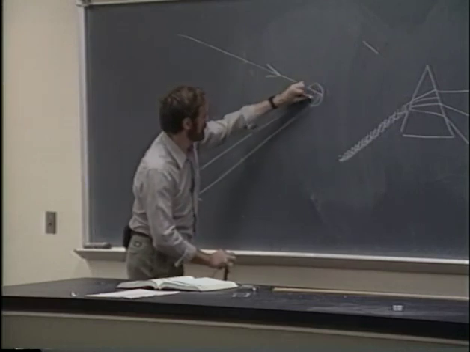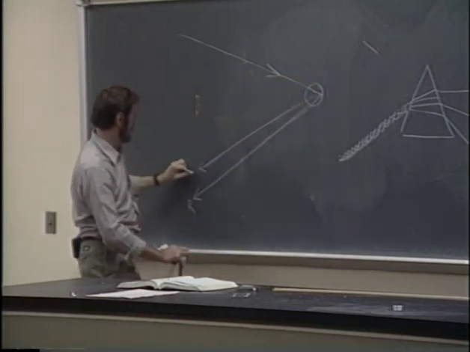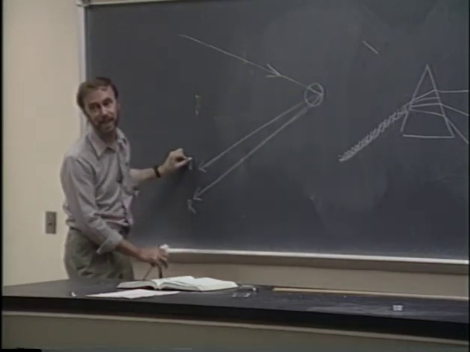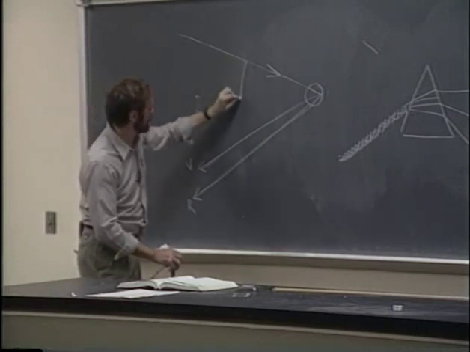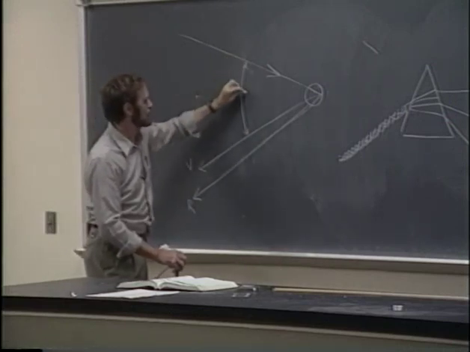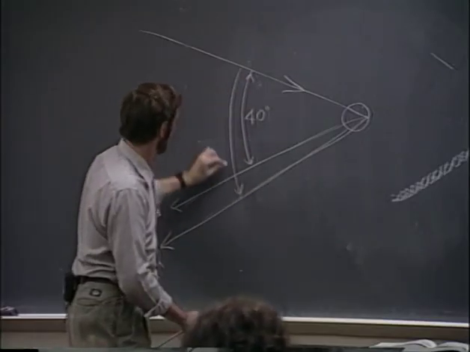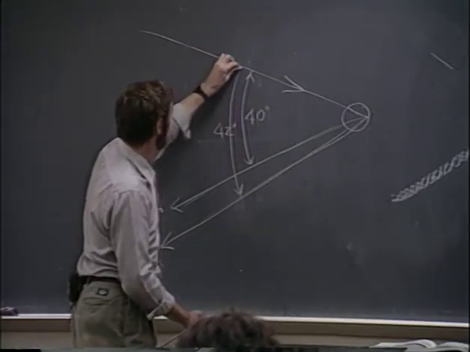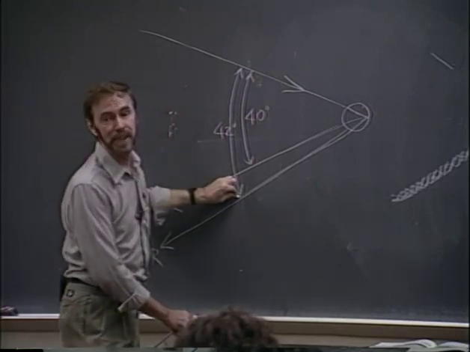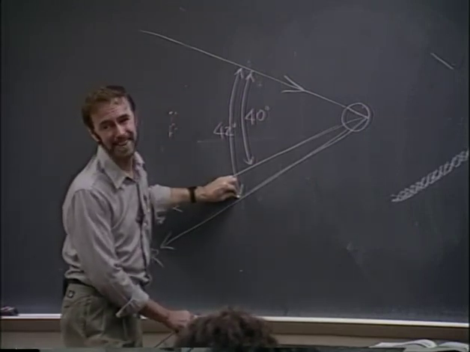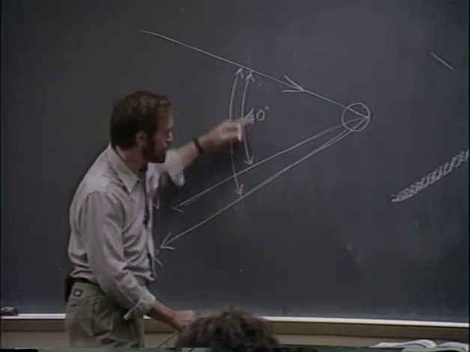Bam, some bends a little differently, comes out here. This would be maybe violet. And it turns out you've got an angle between here and here of, I think it's 40 degrees for the violet, and here, 42 degrees for the red. Early printings of the book have a mistake there.